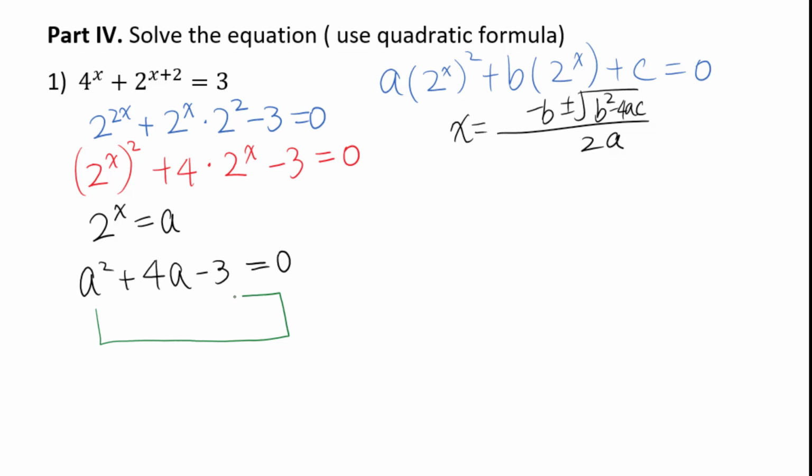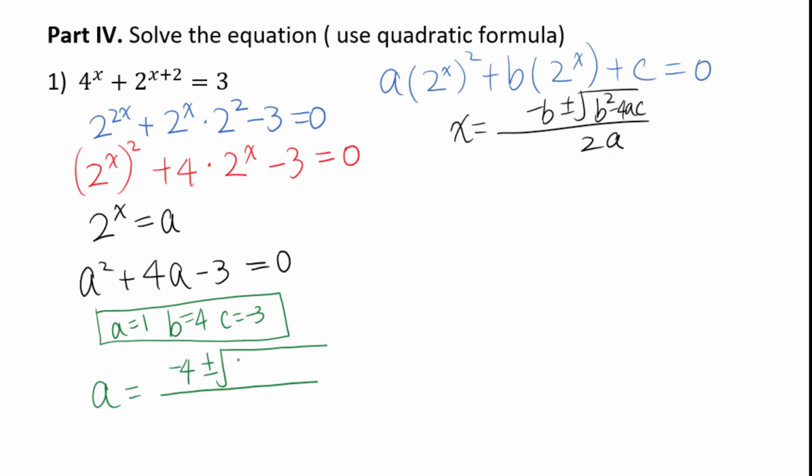For the coefficients a, b, c: a equals 1, b equals 4, c equals negative 3. Since the variable is a, we will write down a equals negative b, which is negative 4, plus or minus square root of 4 squared minus 4 times 1 times negative 3, over 2 times 1.